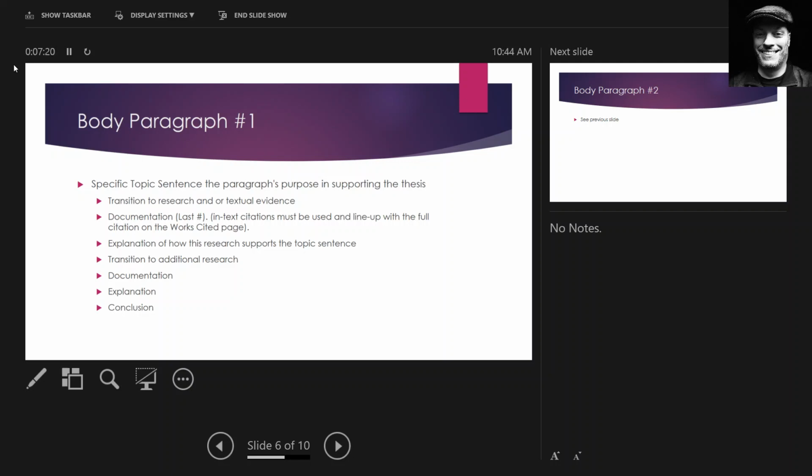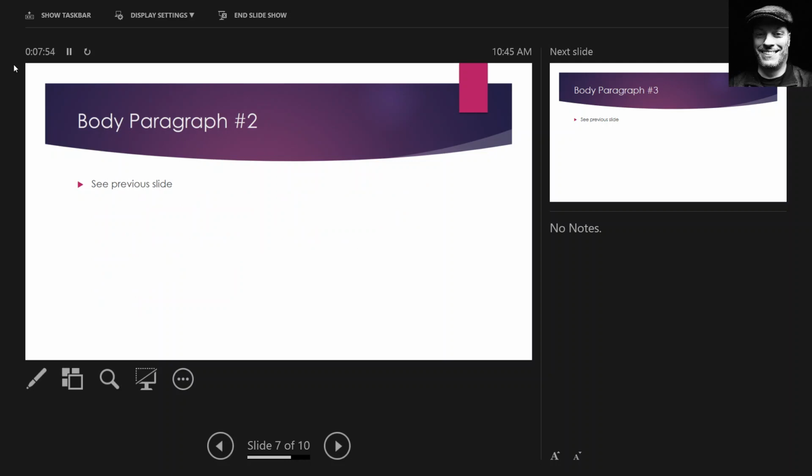When you include research, you must document that research with textual evidence using correct MLA formatting. That's, in its most basic state, the last name and the page number. Then you must explain to the reader how this research or textual evidence supports the topic sentence. Transition to additional research. Provide documentation for that research. Provide an explanation for that research, and conclude your body paragraph.